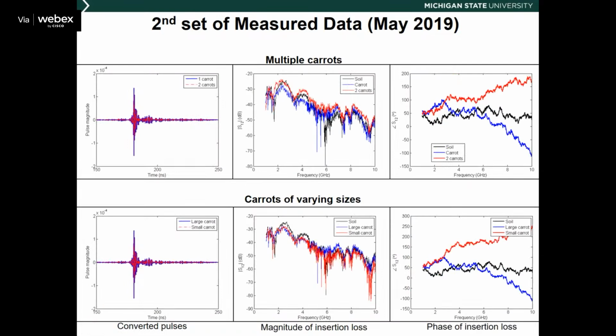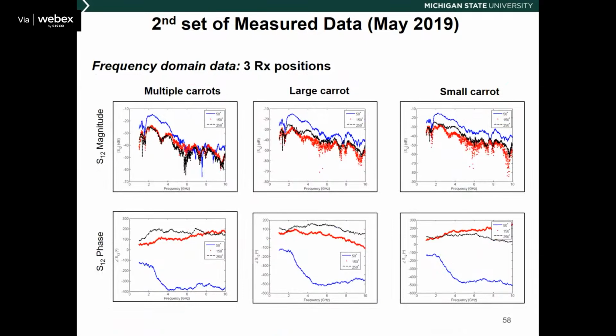Then we did the second measurement after a few months, right? We changed the way we set up the hardware. We actually got better data in this case. At different receiver locations, we got 3 different receiver locations. We got the frequency domain data stored for different frequency information for different configurations of the roots.